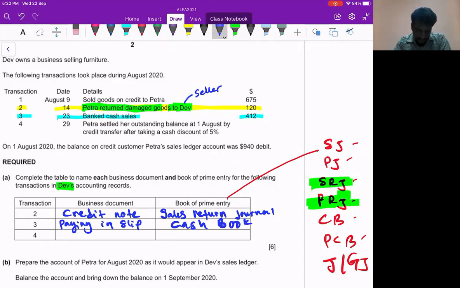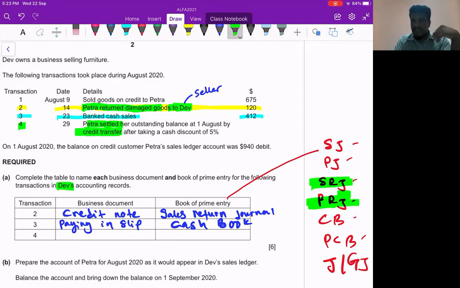Next one, number 4. Petra settled the outstanding balance on the 1st August by credit transfer. Do you know what a credit transfer is? Yes, it's using the bank's money.